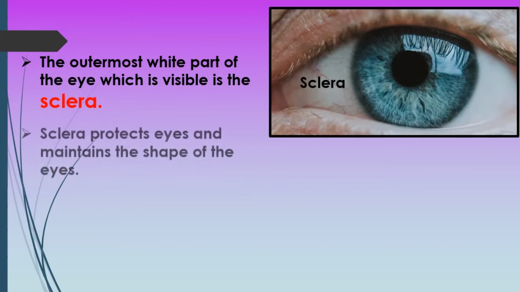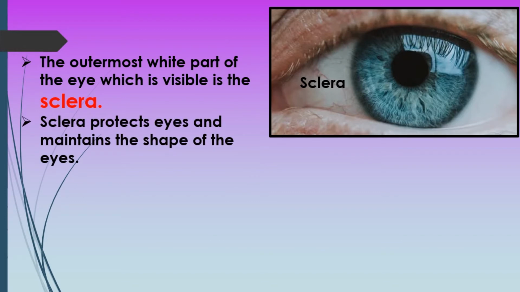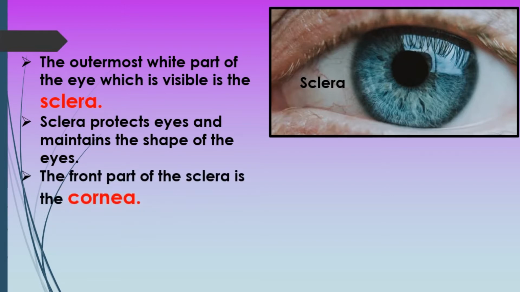Sclera protects eyes from mechanical shocks and maintains the shape of the eyes. The front part of the sclera is transparent, which is called cornea.